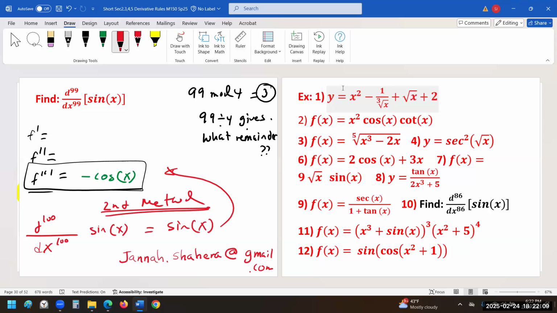What kind of cosine? So the whole thing has a root. A root means which power? One half power. So this whole thing to the one half power.